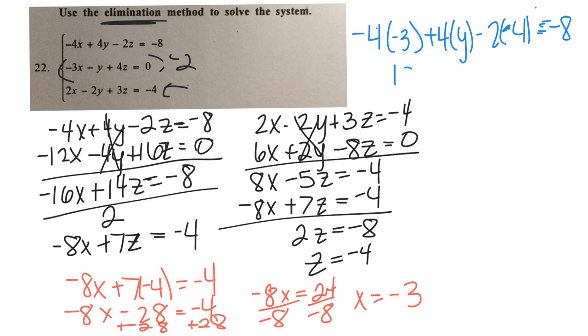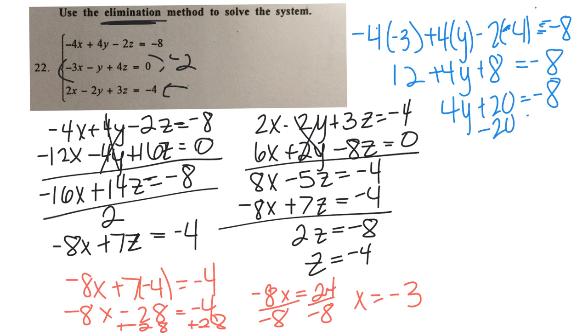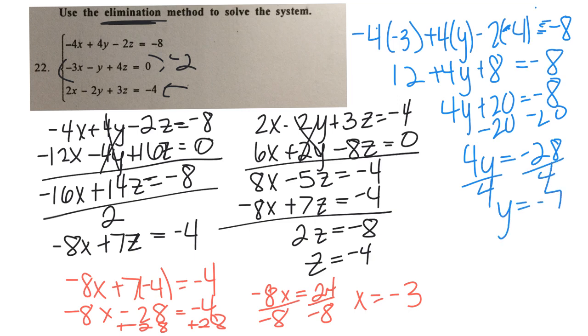So we get 12 plus 4y plus 8 equals negative 8. We get 4y plus 20 equals negative 8. Subtract 20, 4y equals negative 28. And divide by 4, y equals negative 7. So my ordered triple is negative 3, negative 7, negative 4. And that's my answer.